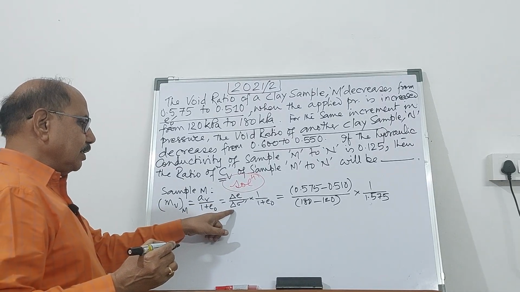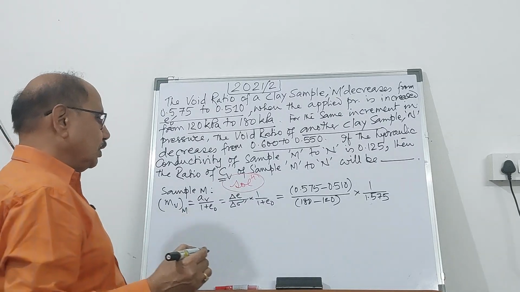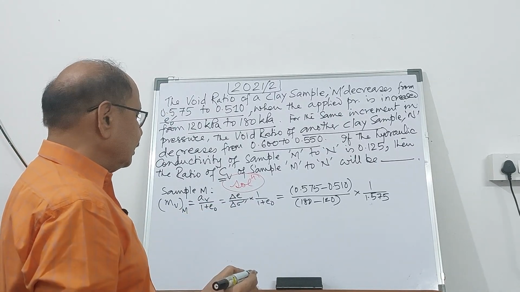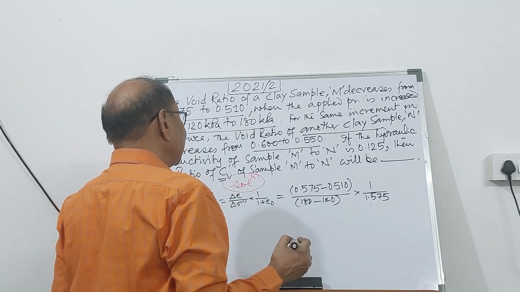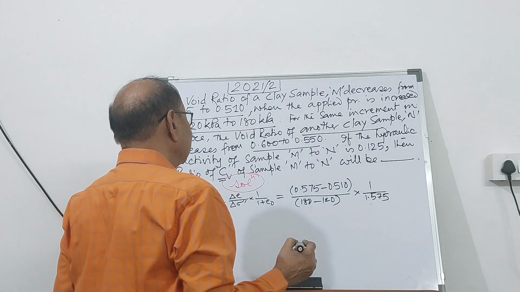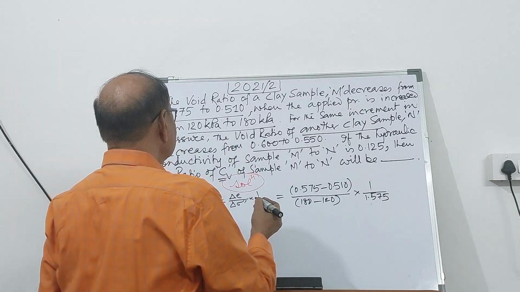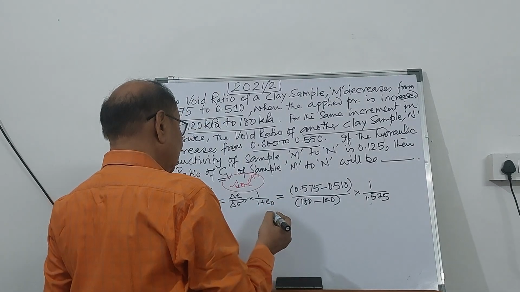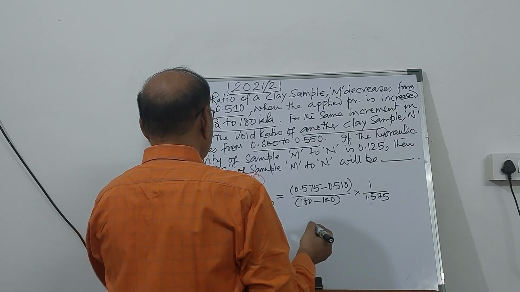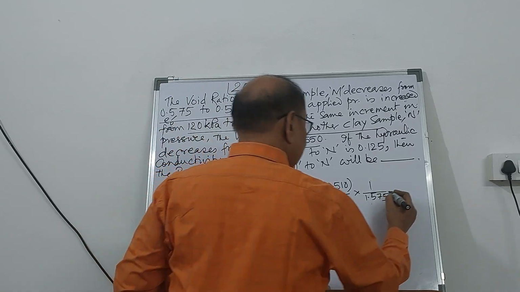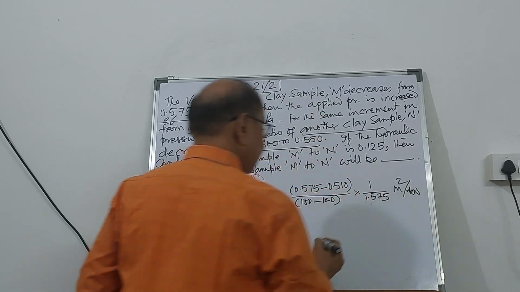It is the unit of sigma prime, so it is in the denominator. And what is the unit of stress? It is kilopascal, so it is going to be opposite, kilonewton per meter squared. So it will be meter square per kilonewton.